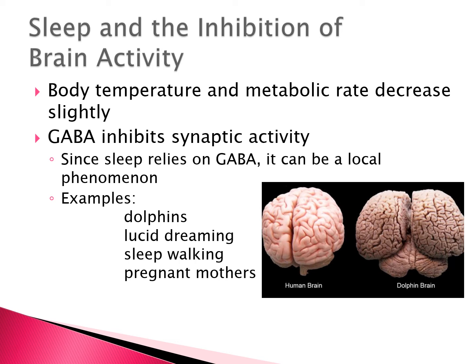We also see people who are sleepwalking, so again, GABA is influencing parts of their brains, but not all of their brain. And then another really great example is mothers and fathers of babies and very young children, who are very easily awoken, right? Part of their brain is staying awake, basically, in order to listen for their children.